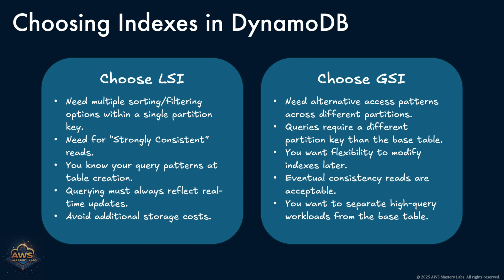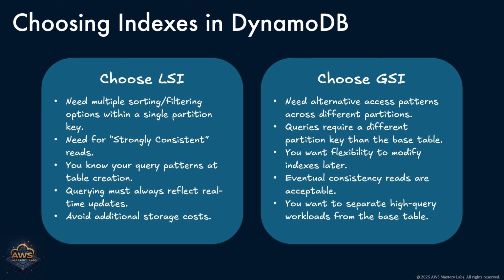In contrast to LSIs, if your application requires access to data using completely different partition keys, essentially alternate ways to organize and retrieve your data across the entire dataset, then a global secondary index, GSI, is the better choice. GSIs enable queries based on attributes that are entirely independent of the base table's primary key, giving you the flexibility to support diverse and changing access patterns.